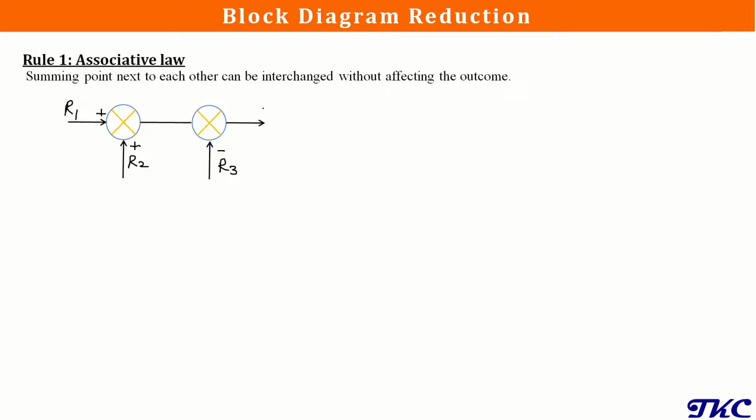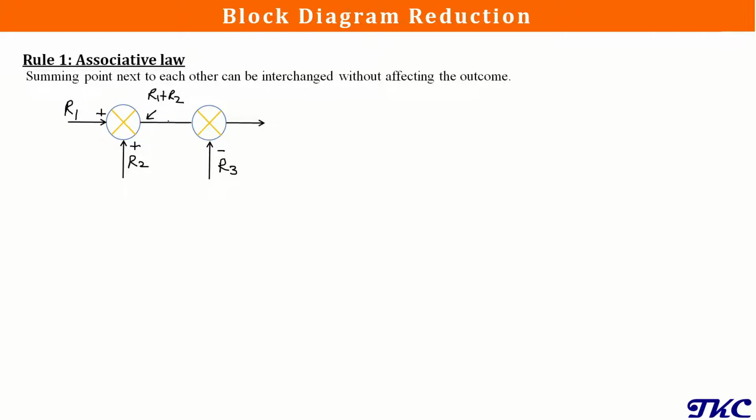So what will be the output here? Let's find the output after each summing point. Considering the first summing point, the output at this end will be R1 plus R2. Whatever signal is coming to a summing point will be added up.